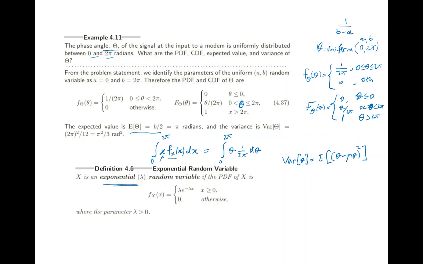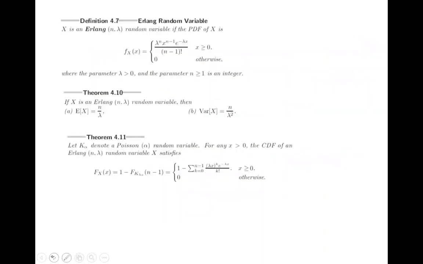Next, exponential random variable. It has this PDF where lambda is greater than 0. And the Erlang random variable has two parameters, n and lambda, whose PDF is given with this formula.